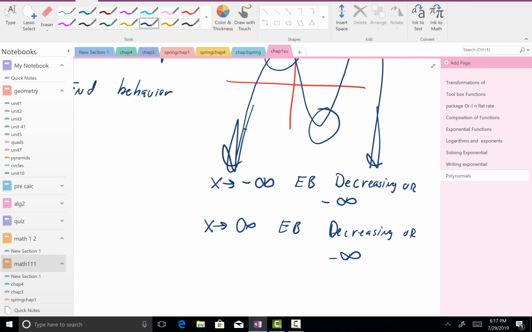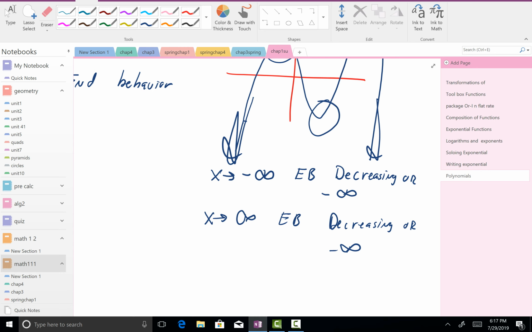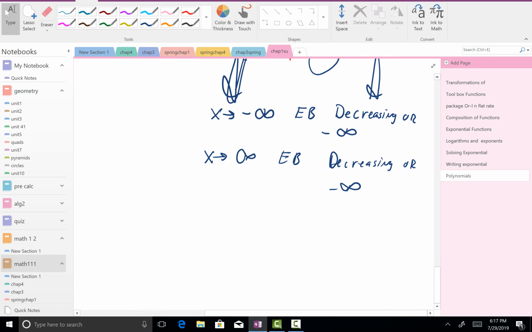So when they want you to analyze graphs, all I want you to do is look at it and say, here's how many turning points it has, here's the x-intercept, here's what the end behavior is. That's all you have to worry about. Don't worry about following any other directions. Let's try this.